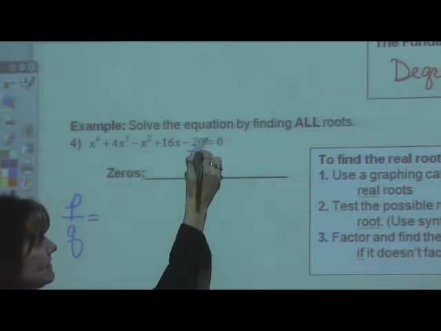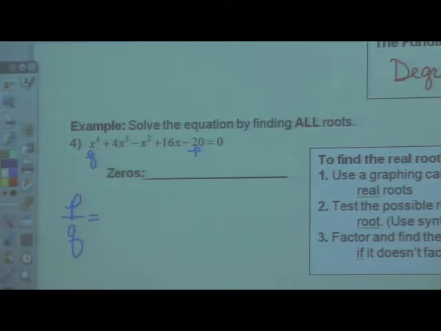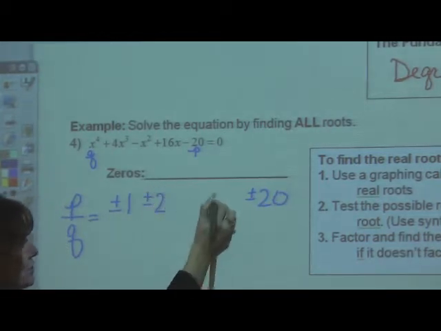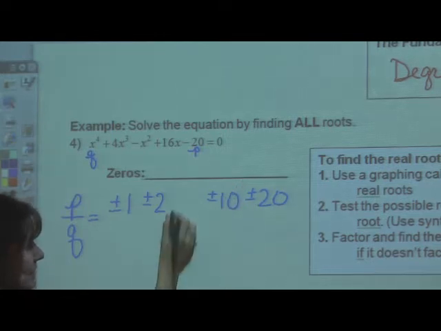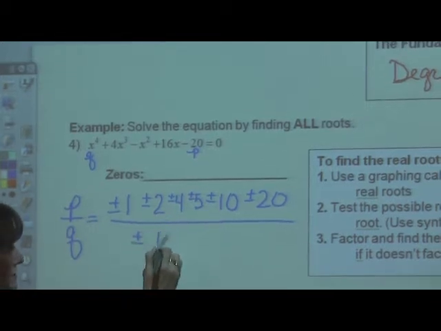The p is that negative 20, and the q is the positive 1 that's in front of the x to the fourth. So all the factors of 20: plus and minus 1, plus and minus 20, plus and minus 2, plus and minus 10, plus and minus 4, plus and minus 5. Those are my factors of the top part. On the bottom part with the q's, I have plus and minus 1.